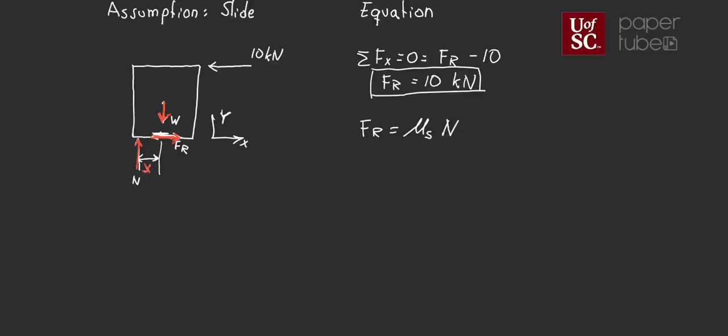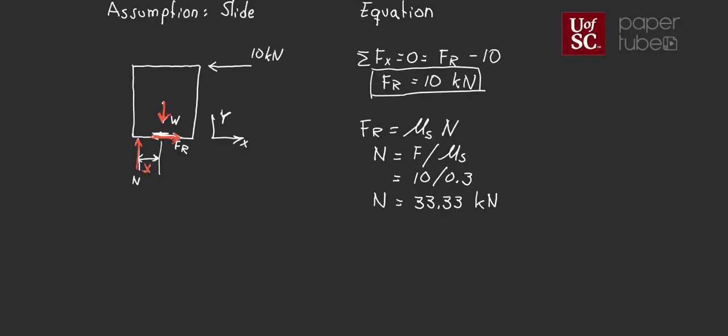So from here we can say that my normal force is going to be equal to F over mu sub s, which is equal to 10 over 0.3. So my normal force is going to be equal to 33.33 kilonewtons. That's a pretty big box for that force, but all right, very good.